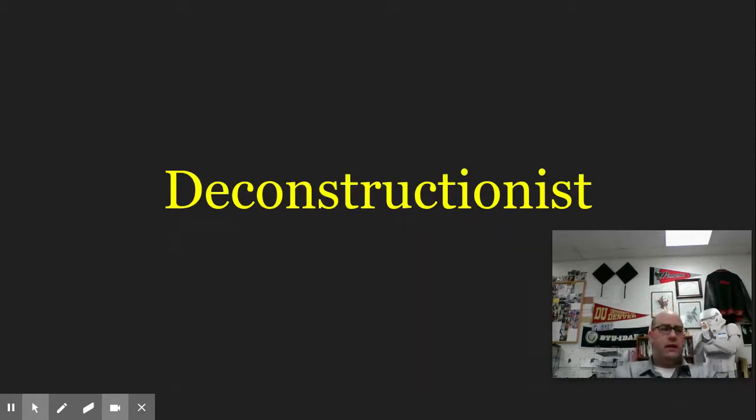The last one we're going to talk about is deconstructionist. This one is the most difficult. So the deconstructionists came way later and they said, you know what? All of these are wrong. We're going to do something entirely different. And they said that they're going to break the text, because what they decided was once a text has been interpreted by people, then it's all stuck, right?